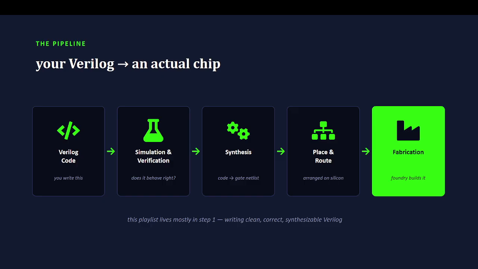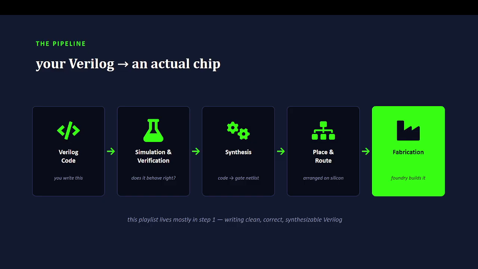Okay, so here's why any of this actually matters outside of passing this class. The Verilog you write connects directly to a real physical chip. Watch the pipeline. You write the code, you simulate it, basically a dress rehearsal to check it behaves right. A tool called synthesis turns your code into an actual gate-level circuit.